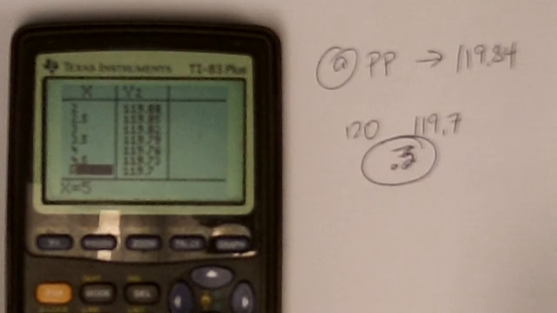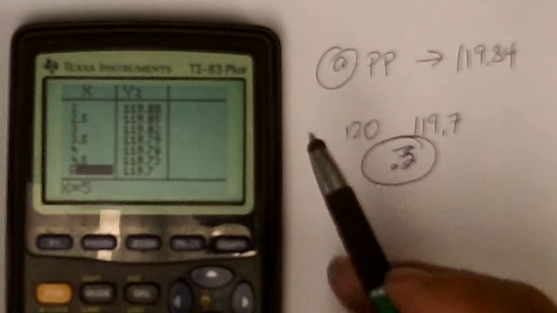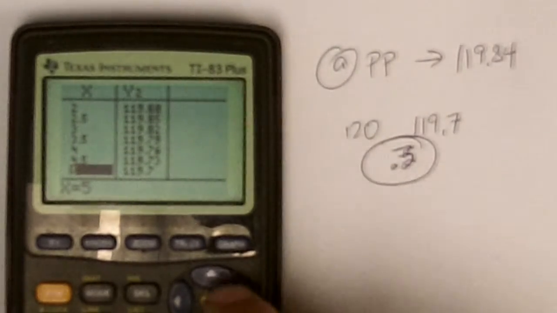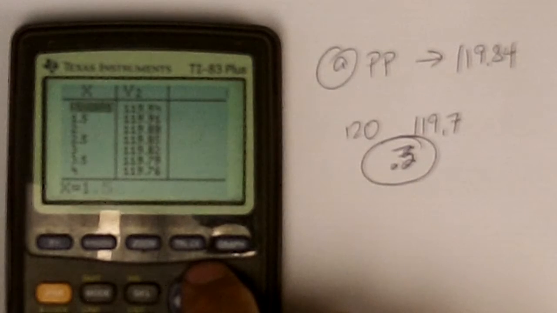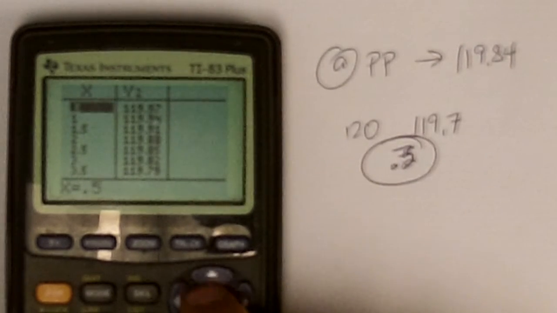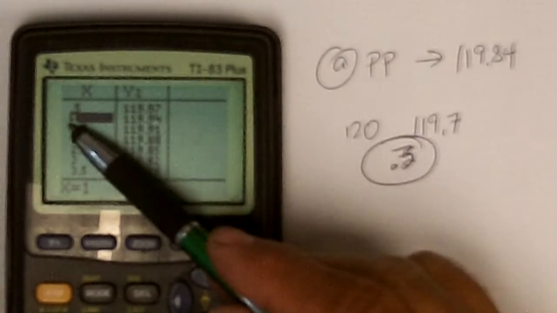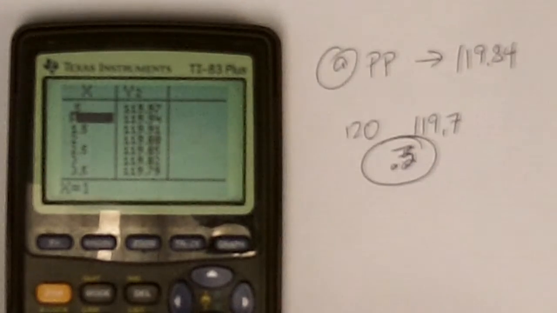Not much. At what height will the weight be 119.95? So we'll go back here. About 1 mile high. And does your answer seem reasonable?